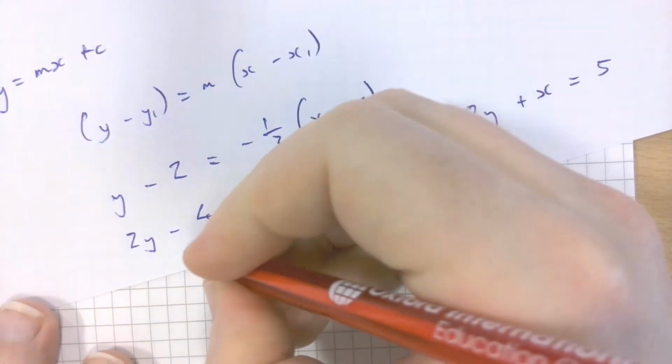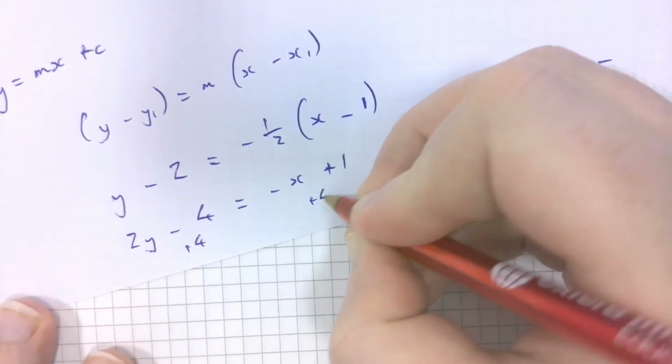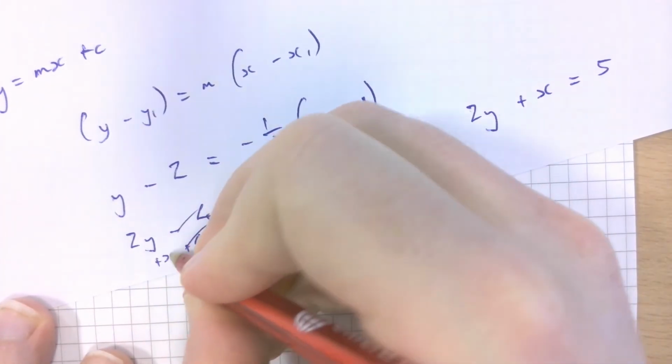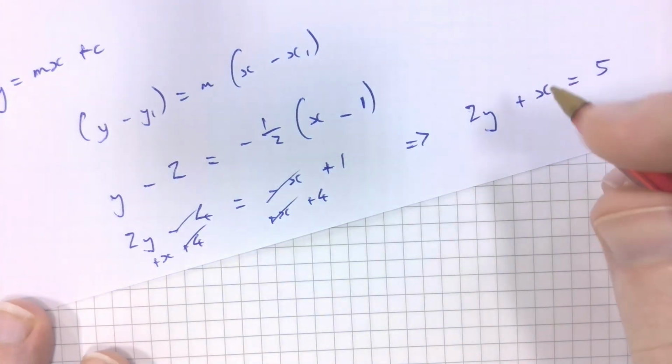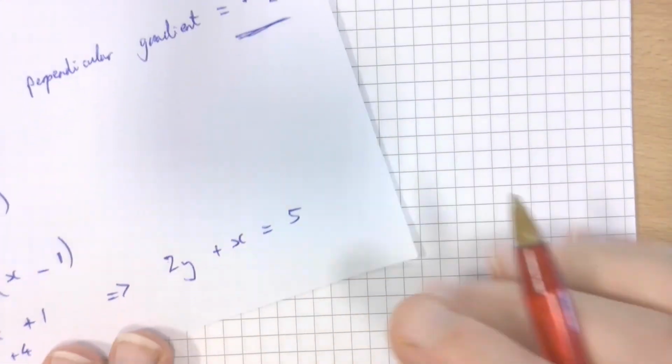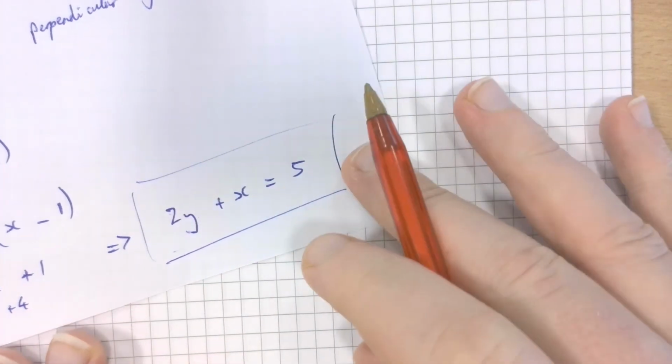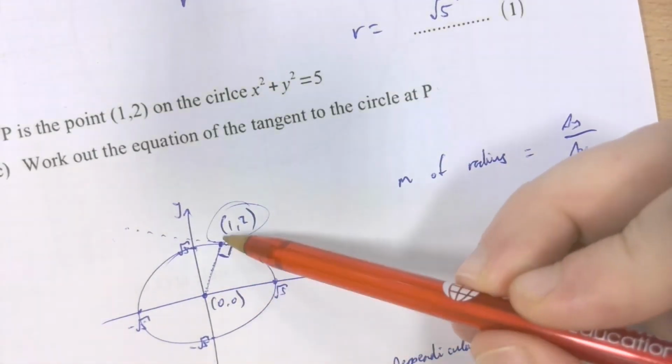I achieved that by adding 4 to both sides, cancelling that out, and adding x to both sides, which cancelled that negative x out. So 2y plus x equals 5 is a perfectly acceptable form for the tangent.